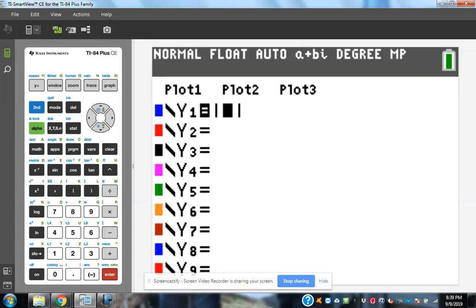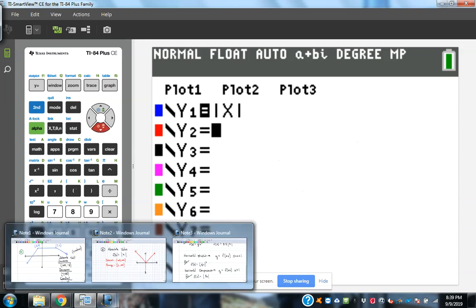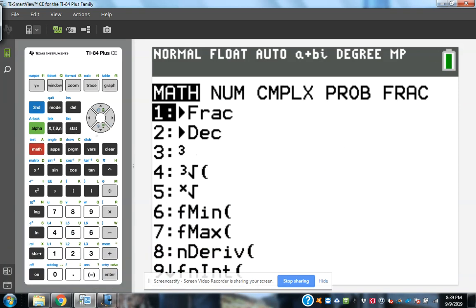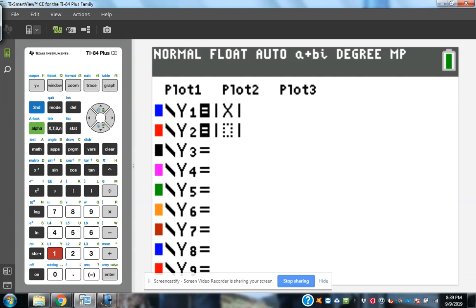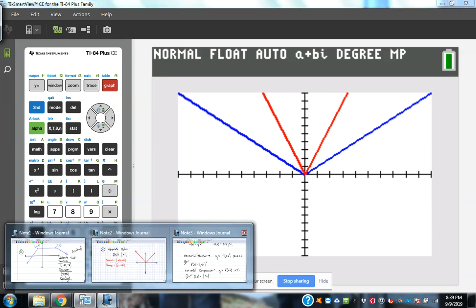All right, so I'm going to put an X in there. That's the parent function. We see that V shape. I'm going to go to Y2, and I'm going to put the absolute value, so math, ABS, and I'm going to put 3x. Compression. Pulls it in, makes it skinnier.